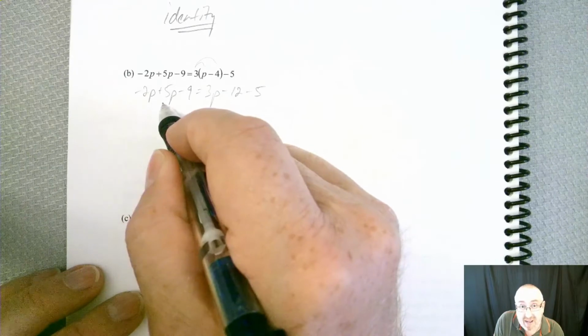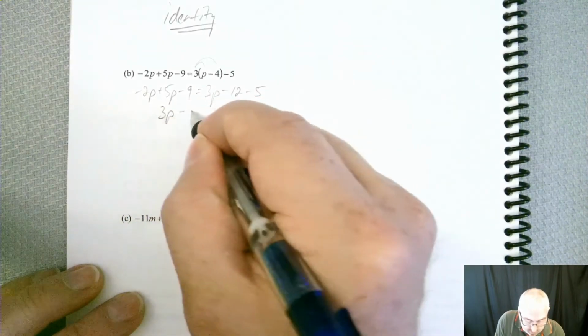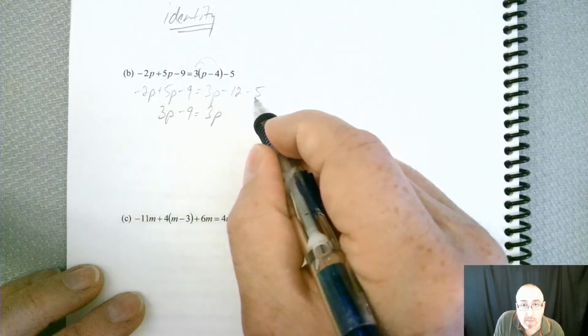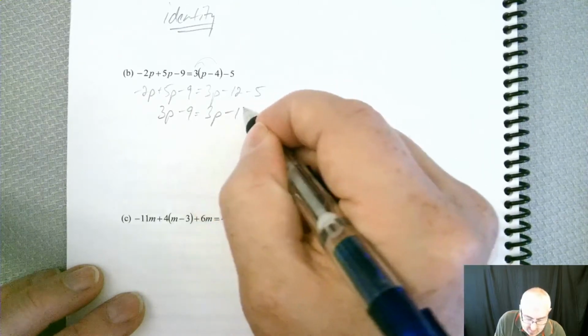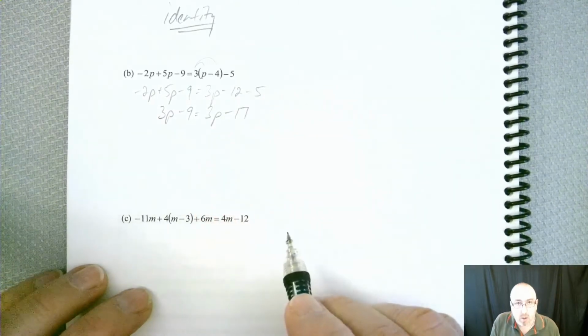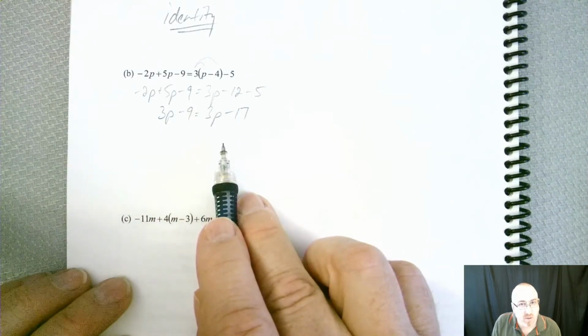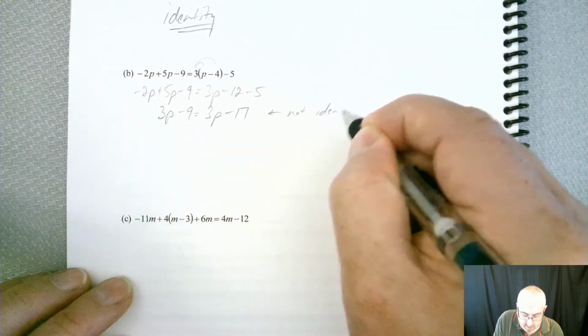Minus 2 and a positive 5 should give you a positive 3p. We got our 3p minus 12 and minus 5 is a minus 17. Well, it's not the same on both sides. So it's not an identity.